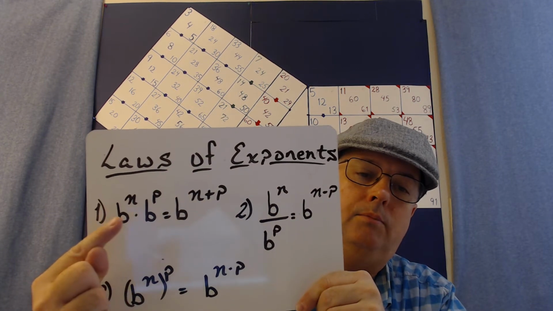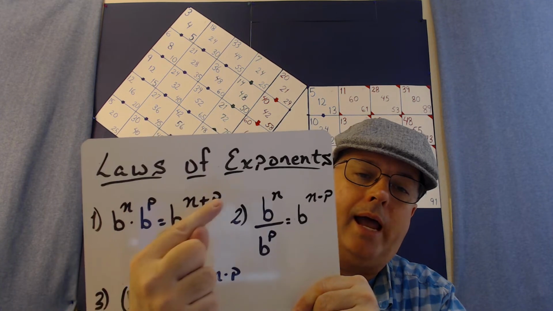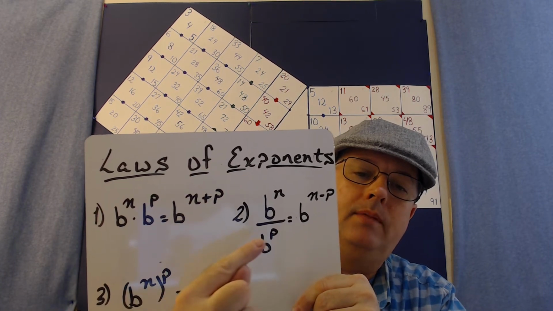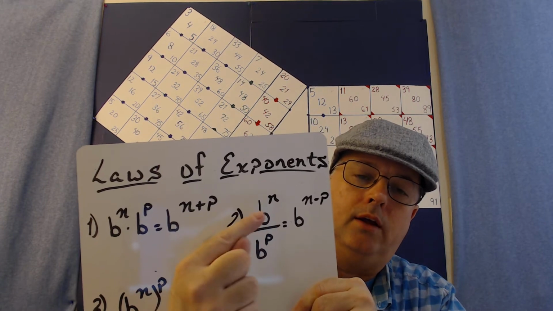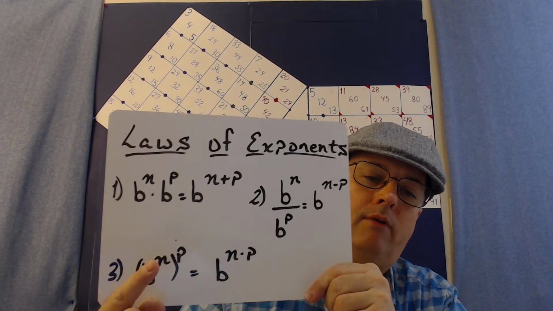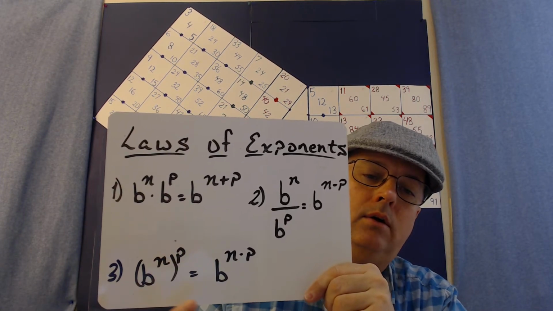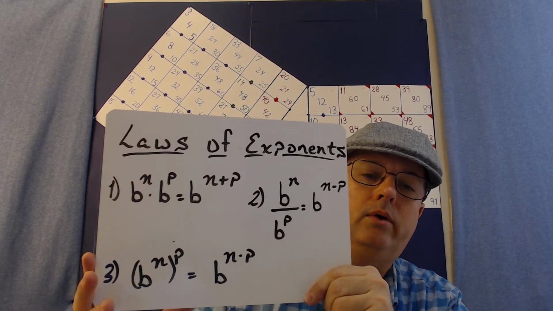Notice that the bases are the same here, so when the bases are the same, you add the exponents, and when the bases are the same and you're dividing, you subtract the exponents. And when you have a power to a power, then we multiply the powers. You should be familiar with these ideas. This is what we know to be true.